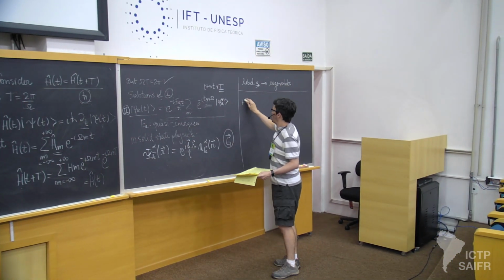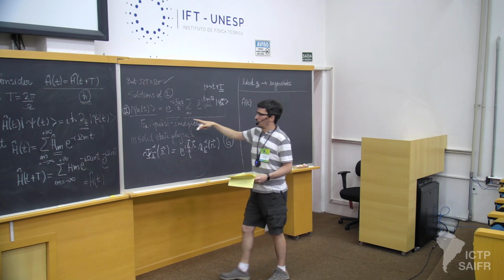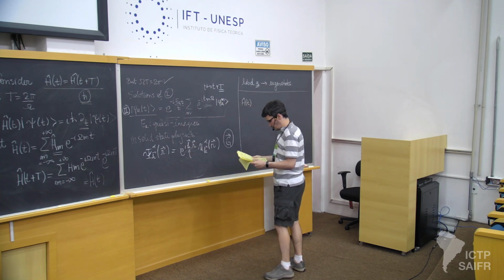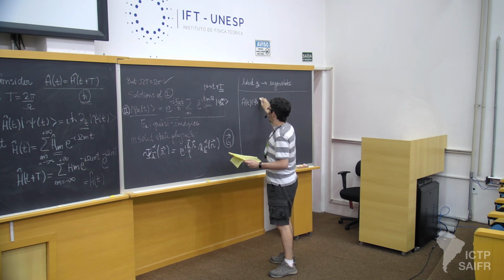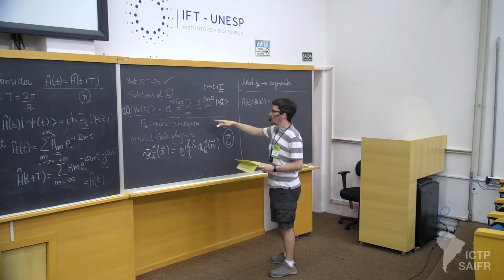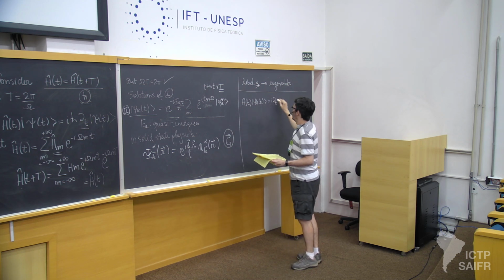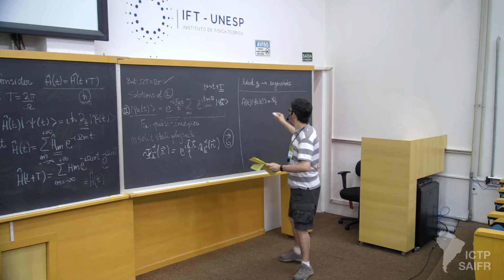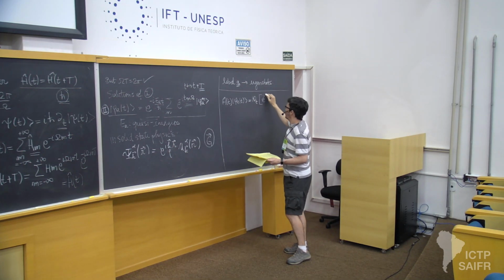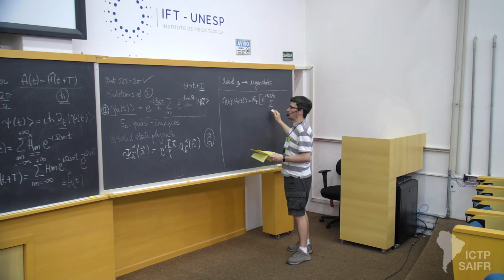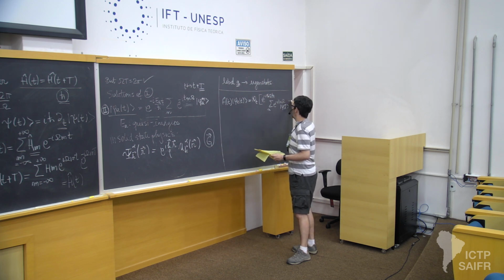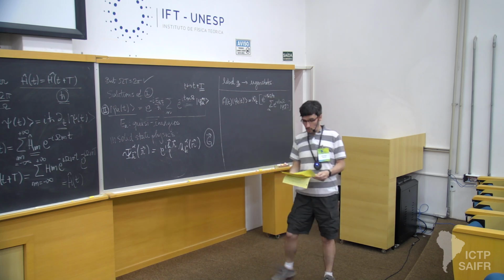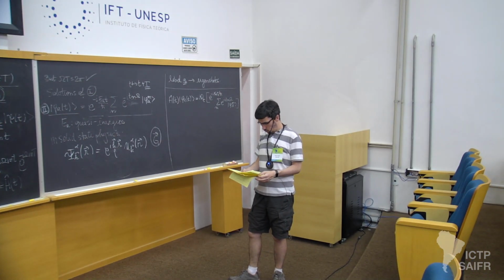Okay, so H of t applied to this function here, phi a of t, is going to lead to i h bar times the derivative with respect to t of the same function, e to the minus i E a t divided by h bar, sum over n, e to the minus i t n omega, phi a of n. It's just simple algebra that we have to do.